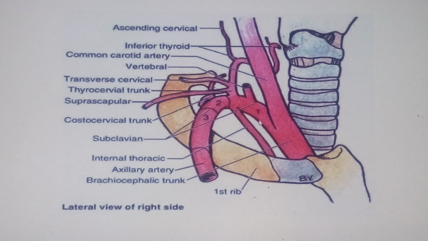I won't go into the nitty-gritty, but this subclavian artery anatomically is divided into three parts. And what are these three parts? The first part, which we also call the pre-scalene part or the proximal part.